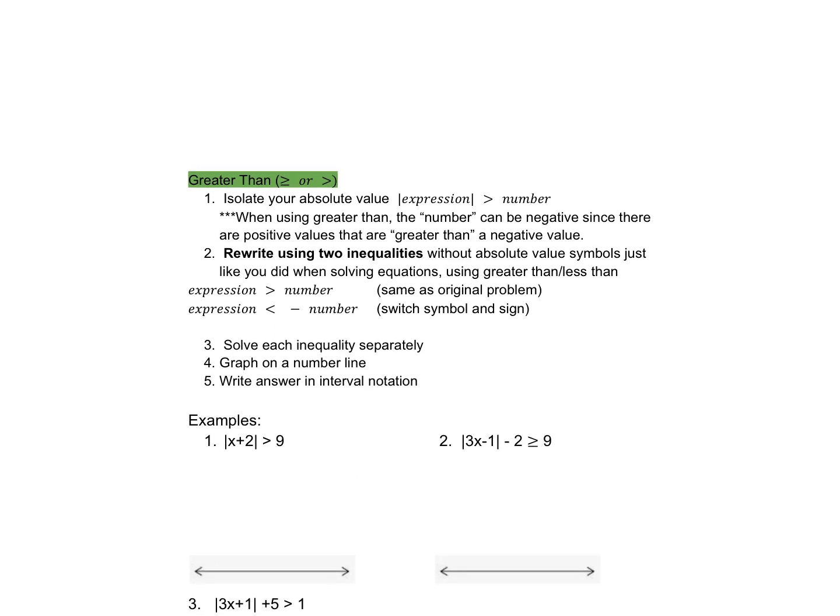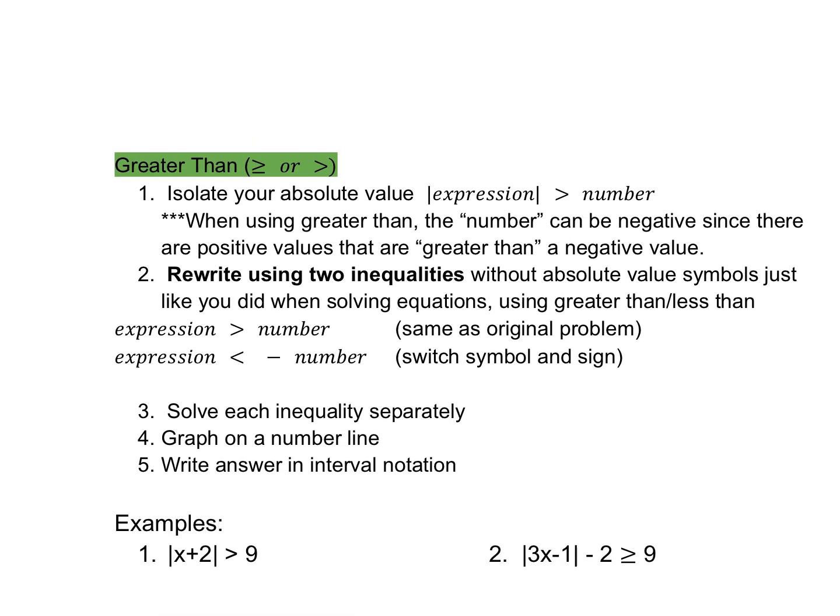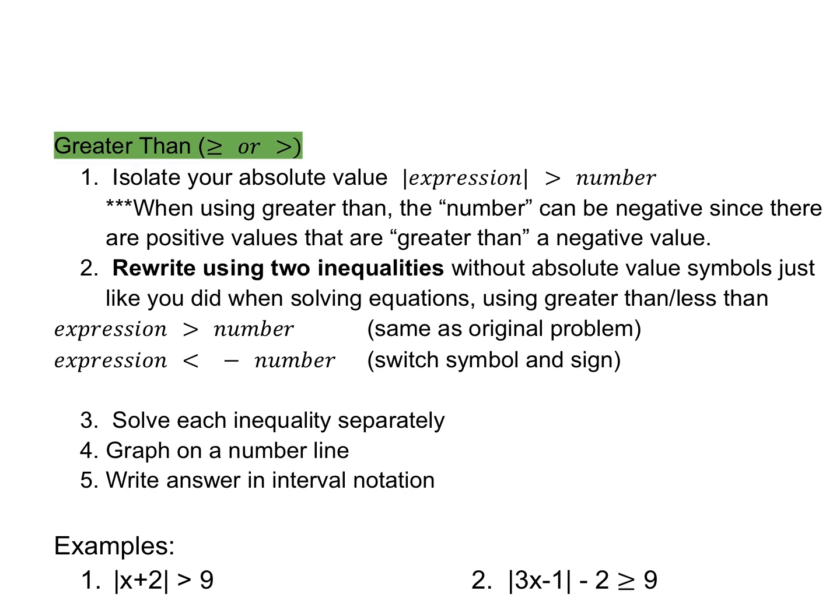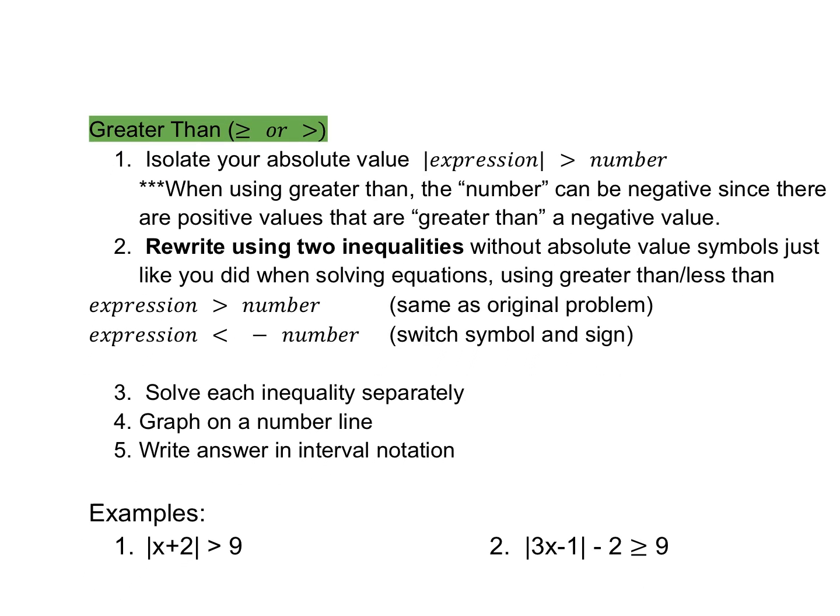Let's start by looking at greater than or equal to. Our steps are going to be very simple, and these are steps you might want to keep in mind. The first thing you're going to do is isolate your absolute value. Just like we did with the equations yesterday, you want whatever is in the absolute value to be all by itself on one side of the equation. When you're using greater than, remember that the number on the other side can be negative, since there are positive values that are greater than a negative value.